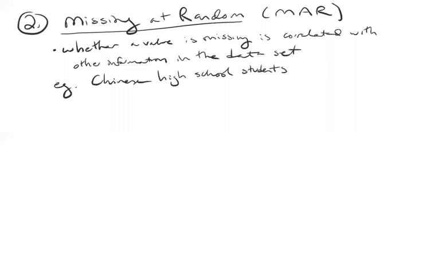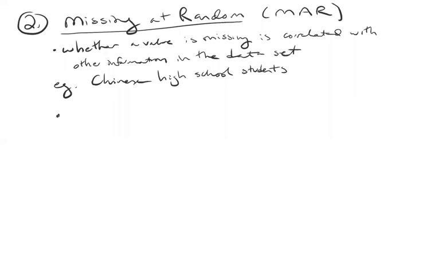The idea with missing at random is you can see if you can leverage this correlation. If whether a value is missing is correlated with other information that you do have, perhaps that can help you make some guesses. If you're thinking about mathematically how this would work, let me just give you a clue.